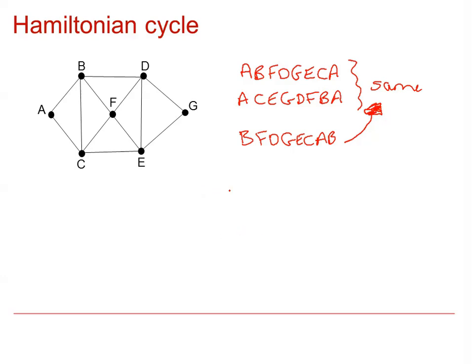However, there is one other unique cycle in this graph, and that is if we went A, B, D, G, E, then up to F, down to C, and back to A. And this one is a second Hamiltonian cycle of this graph.